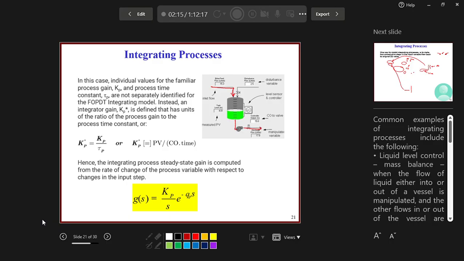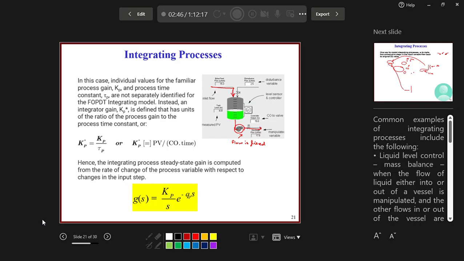There is a pump here, and since there is a pump, this means that this flow rate is fixed, and hence this will create an accumulation of mass and consequently an integrating system. The other stream here is a disturbance. So in this case, the model of this process will be an unstable process.